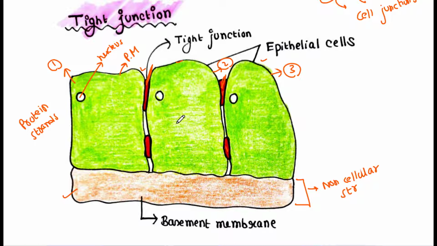The plasma membranes seal off passageways between these adjacent cells. So this helps to stop substances from leaking. This is their function.